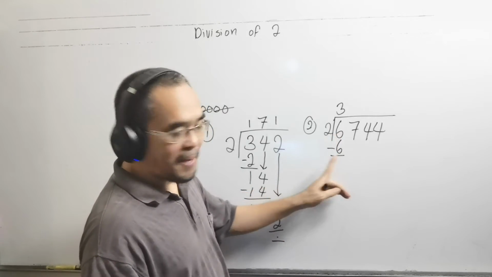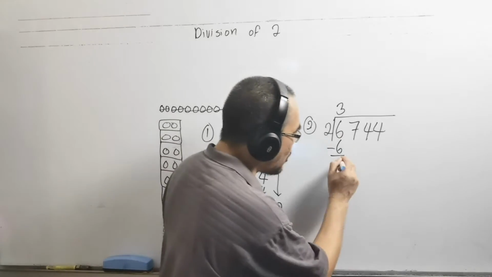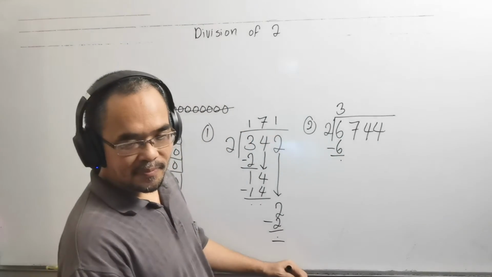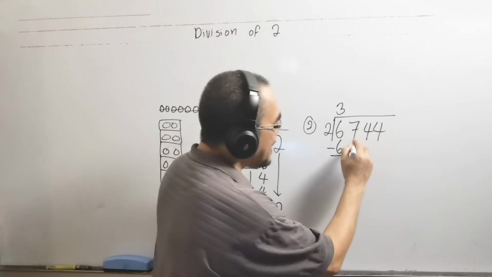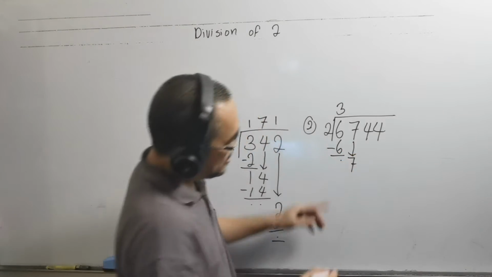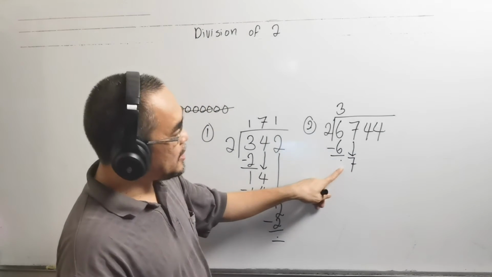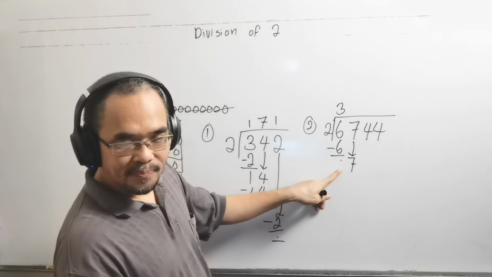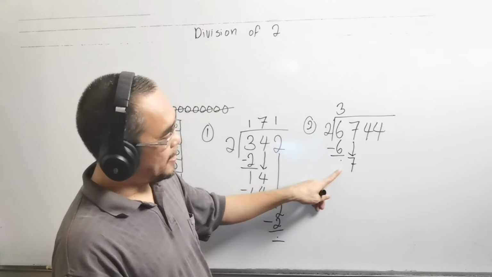And because 6 minus 6 is 0, you just put a dot. And then bring down 7 until it is parallel to the dot.